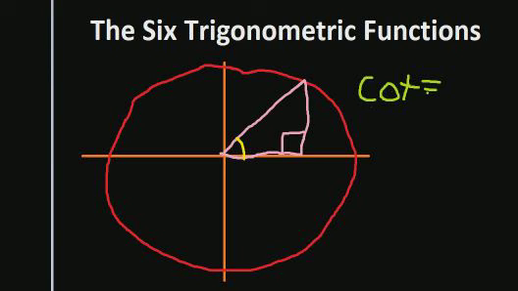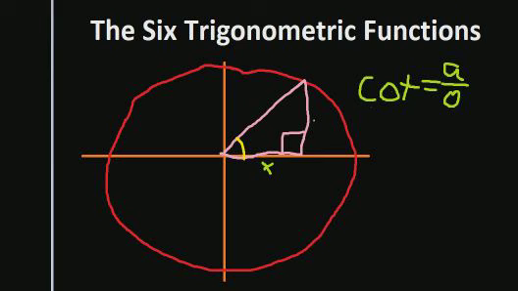This one is basically A, which is your side here, adjacent, over your opposite side, which is O. So O would be here. This is basically the exact opposite of good old tangent, which was TOA, opposite over A. So cotangent is basically just the opposite of that.